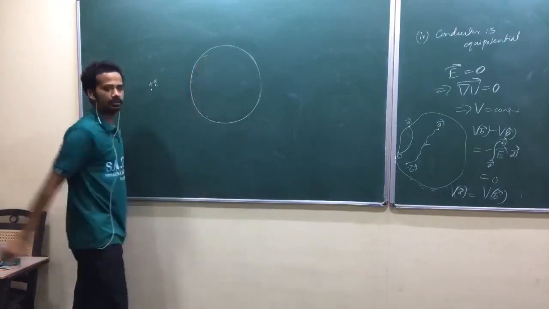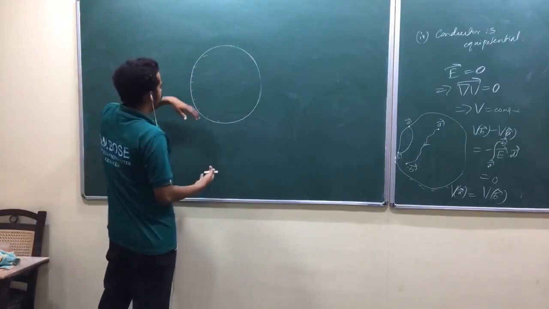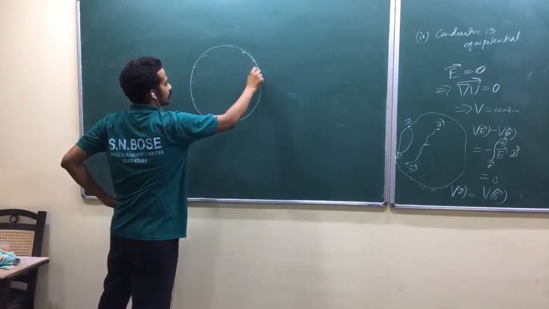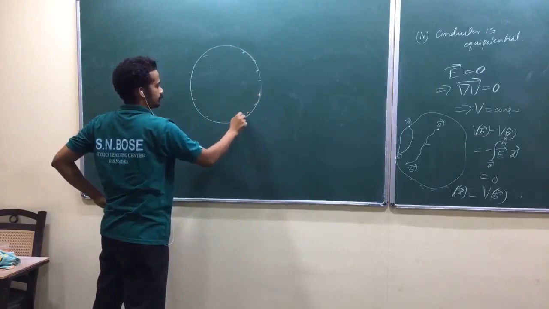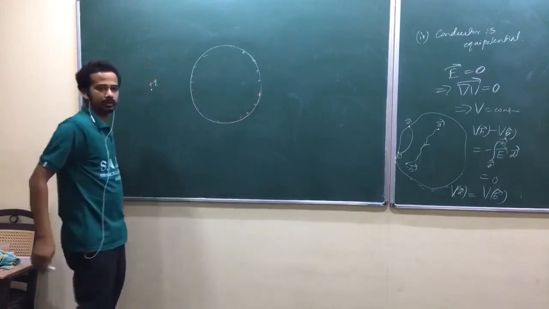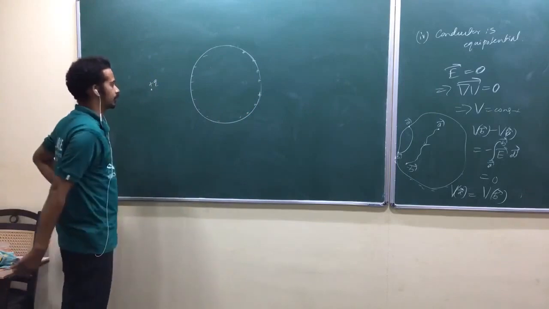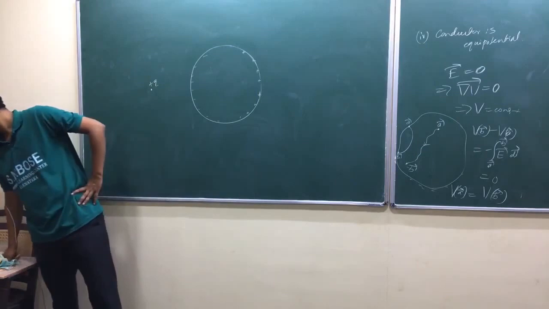As soon as those negative charges move here, positive charges will be left out here. Usually they are ions which lost electrons. Electrons moved here. Electrons are free charge carriers.